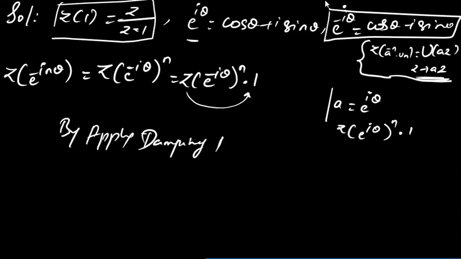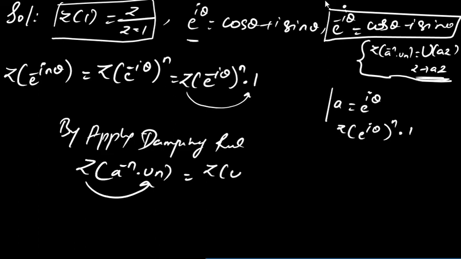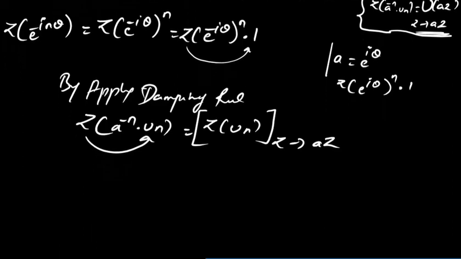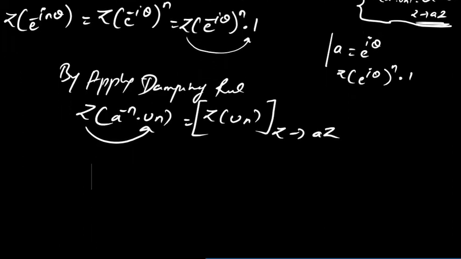I just write the damping rule also. That is the Z transform of a to the power minus n into u(n). So you need to apply the transformation to the function that gives the Z transform of u(n). Wherever you have got z, replace it by az. That's it. So here you can also compare the value of a is e power i theta, not e power minus i theta.